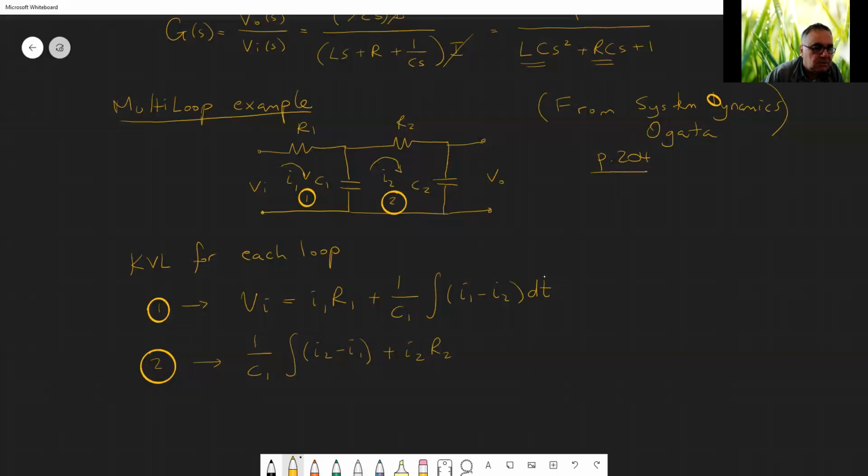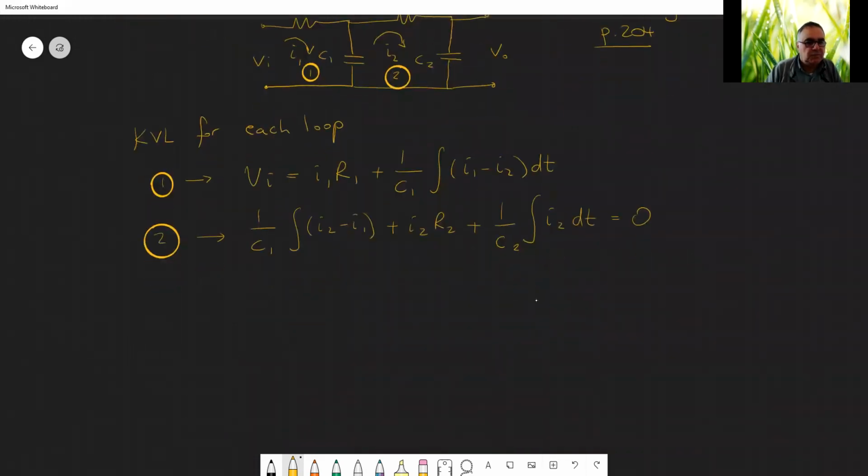We are tracing the following path like this, but this is negative, plus 1 over C2 integral I2 dt is equal to 0. Okay, and the output VO, again 1 over C2 integral I2 dt, is the output. Okay.